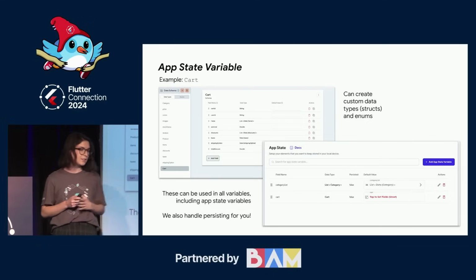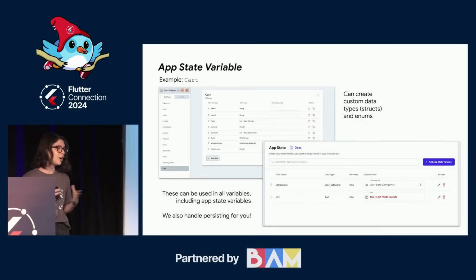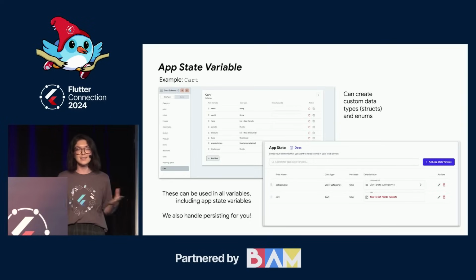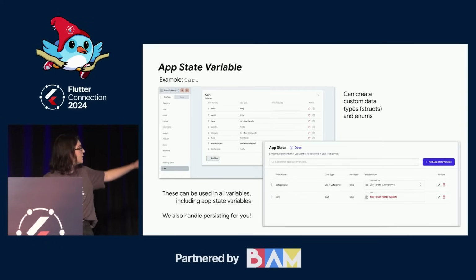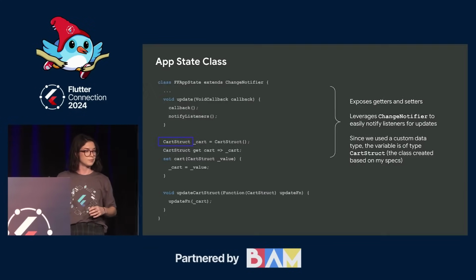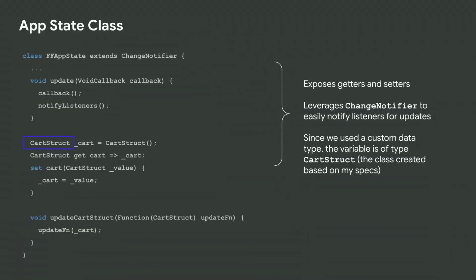So what I've done first is I've created a cart data type. And that's essentially just a struct, right? And that's what I'm showing right over here in this left-hand corner. So I've created my cart struct, and I've created an app state variable that is of type cart struct. And in the generated code, I can see this come to life.